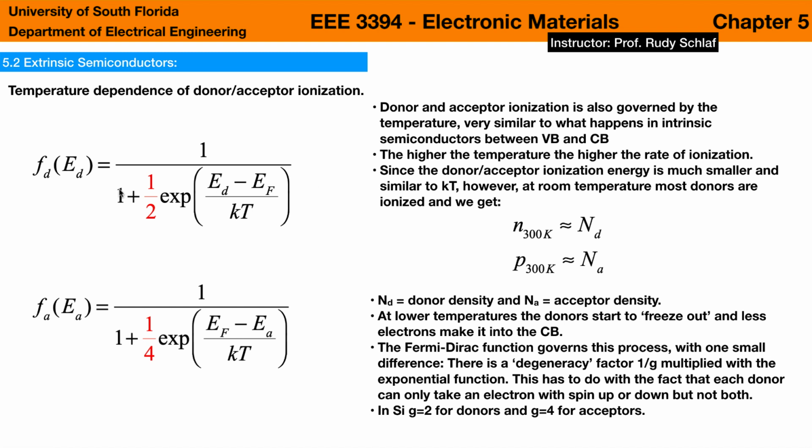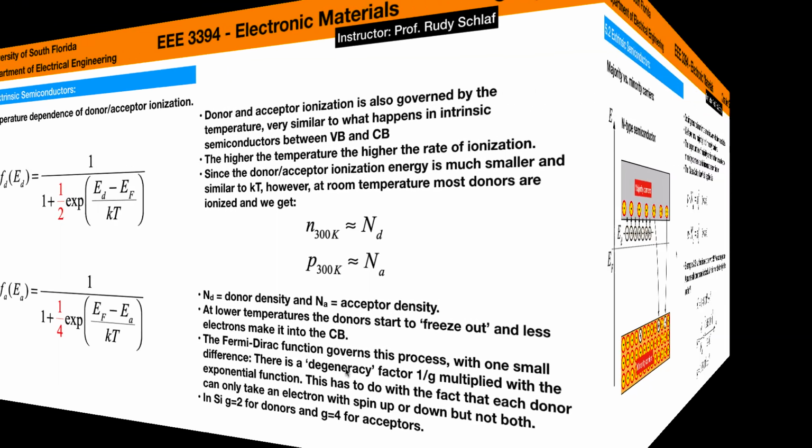And because of that, the probabilities change. And so it turns out, for various reasons, that for donors there's typically a factor 1/2 before the exponential function, and for acceptors it is typically a factor 1/4. These factors are called degeneracy factors.